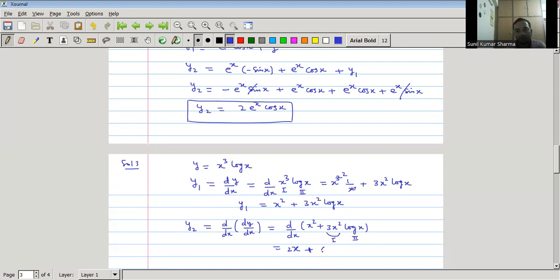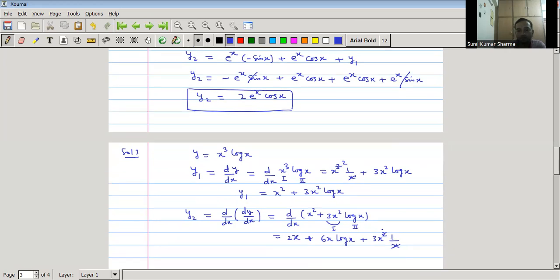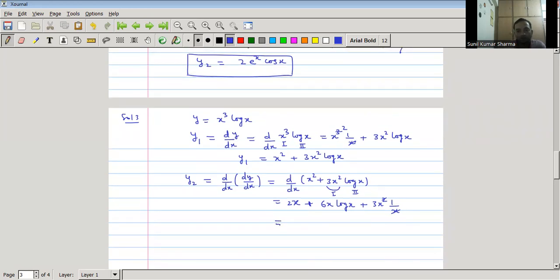So we can write 6x log x, because derivative of first into second, plus first into derivative of second. Now we find the derivative of log x. So 3x square into derivative of log x, which is 1 upon x. So x and x cancel out, and we get 3x. So 2x plus this 3x becomes 5x plus 6x log x. So this is our y2.